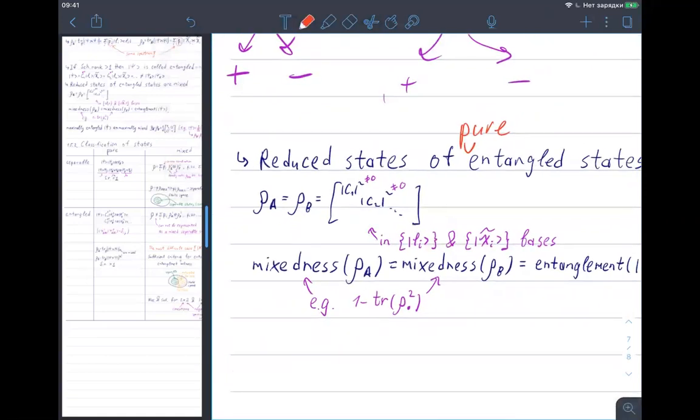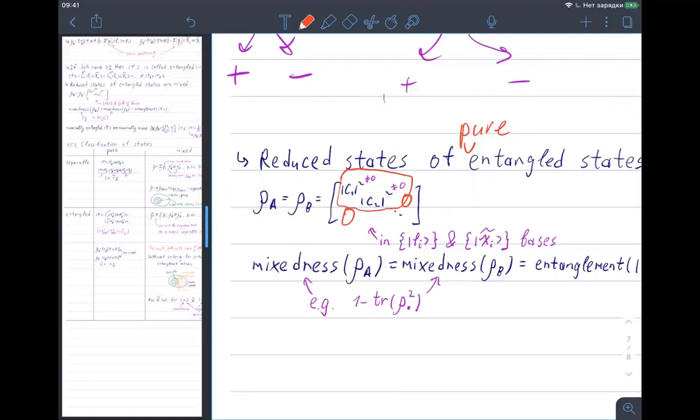Because if I have Schmidt rank larger than 1, my reduced states will have at least 2 non-zero diagonal terms. If I consider the diagonalized form, it always will have at least two non-zero elements. That is why it's mixed.